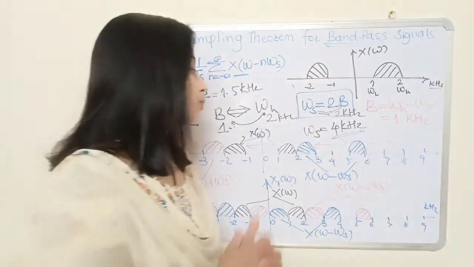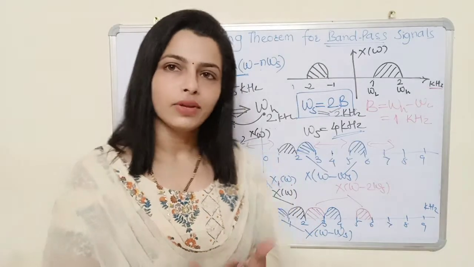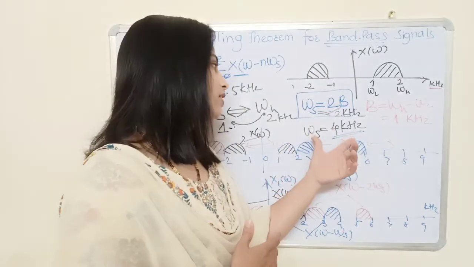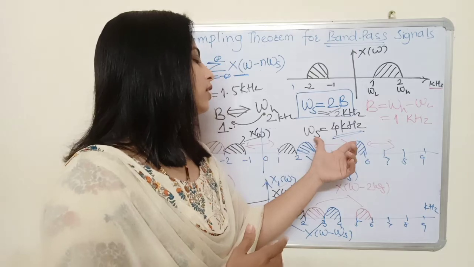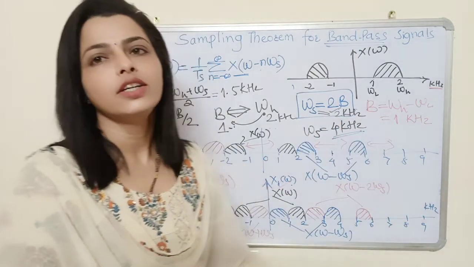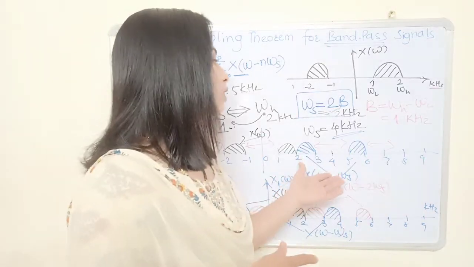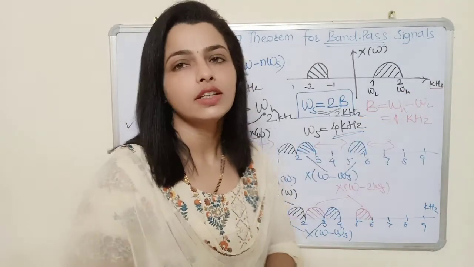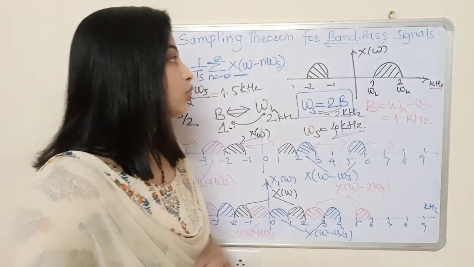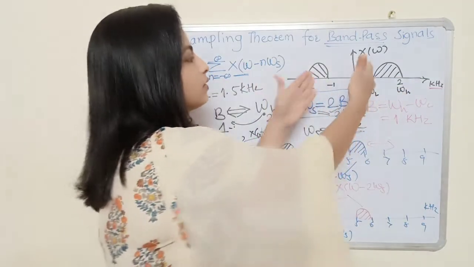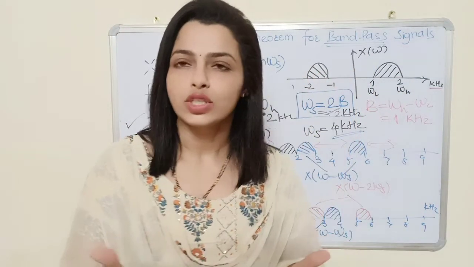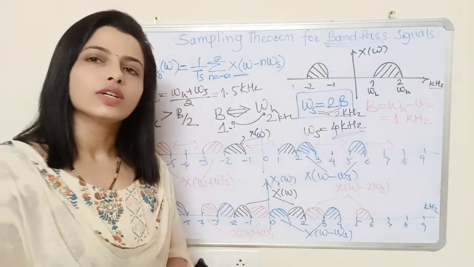So it is possible to sample with a sampling frequency which is lower than the sampling frequency originally defined by the sampling theorem, that is, double the higher frequency. So in case of a bandpass signal, because of this gap, it is possible to sample with a lower sampling frequency.